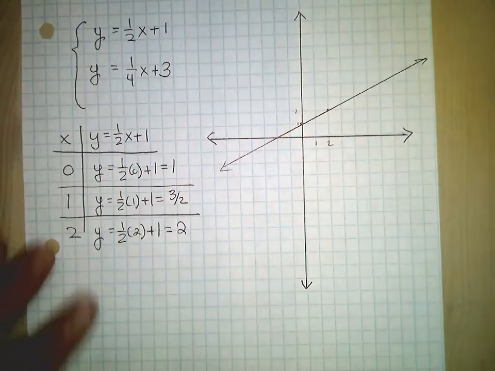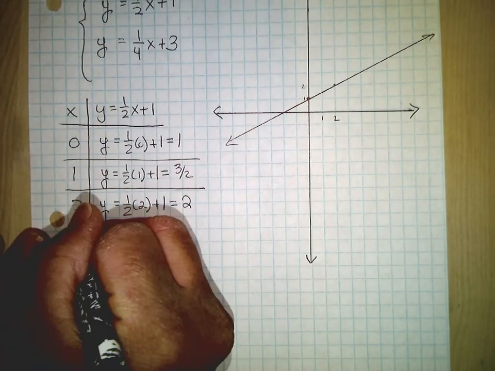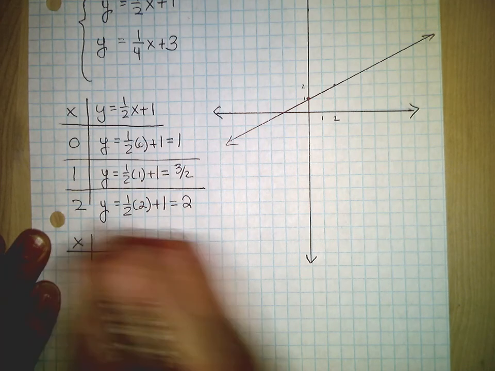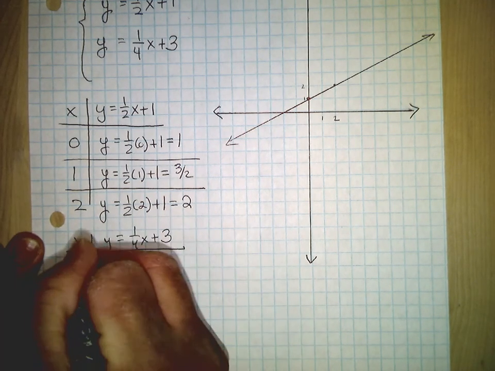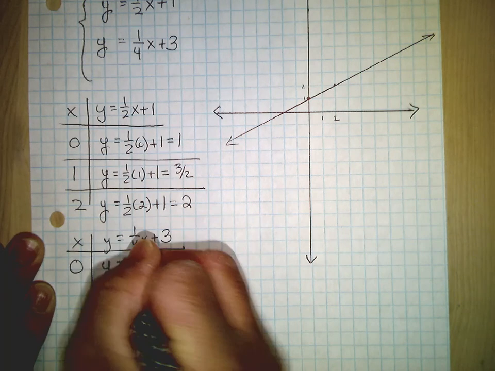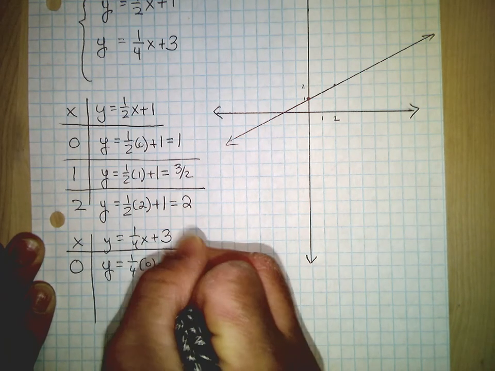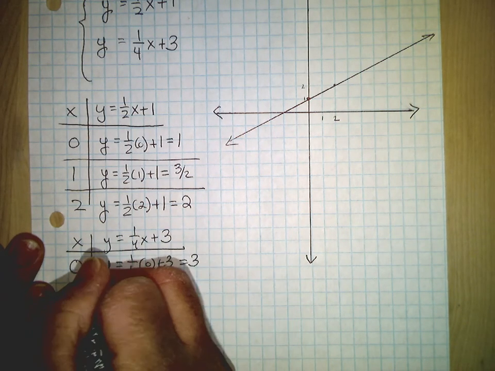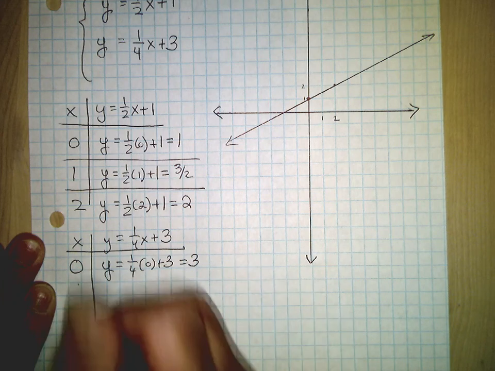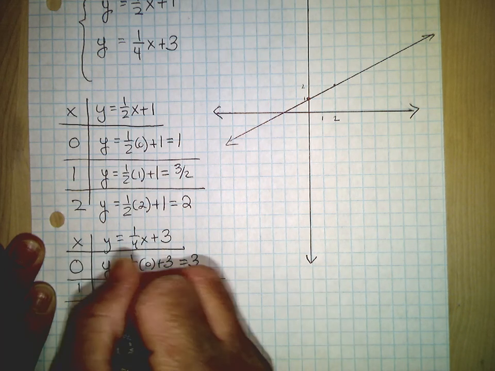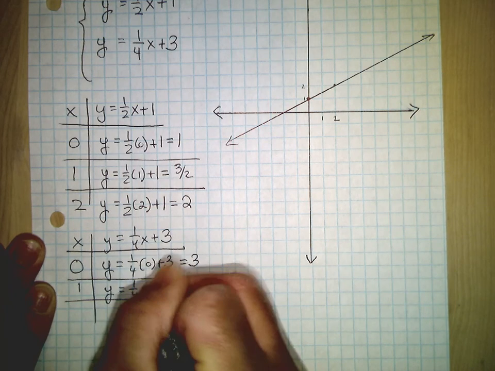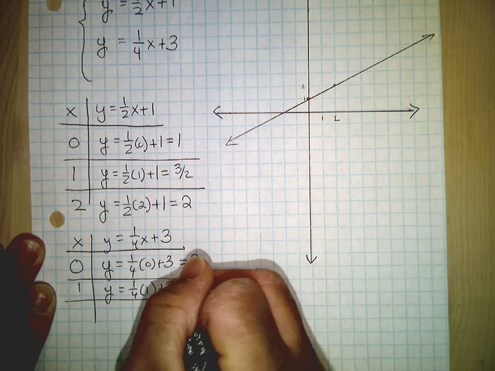All right, now let's graph the second line. X and y was 1/4 x plus 3. So if x is 0, y is 1/4 times 0 plus 3, which is 3. If, let's say, x is 1, y is 1/4 times 1 plus 3.